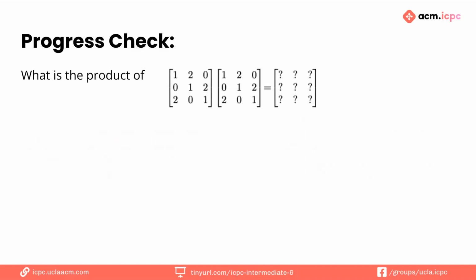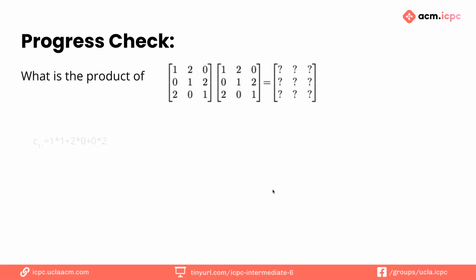Here's a quick question. What is the product of these two matrices? Yeah, so for the C11, we take the first row and the first column, which is 1.